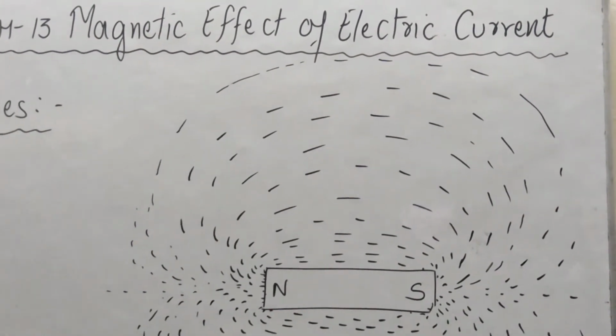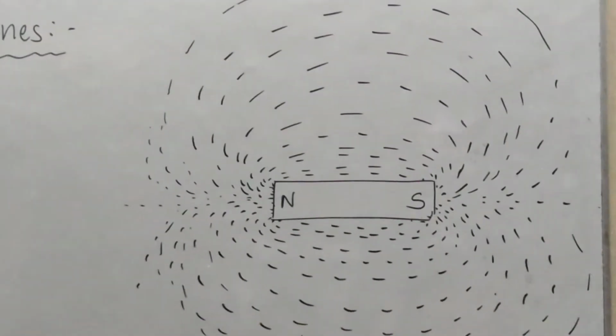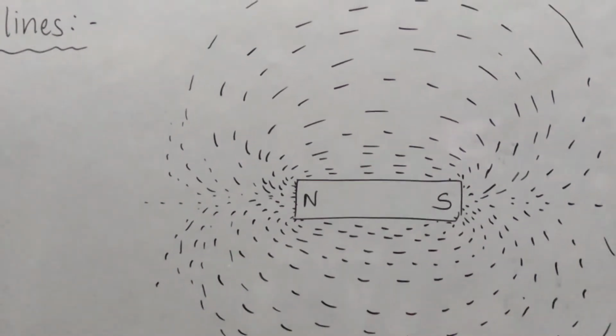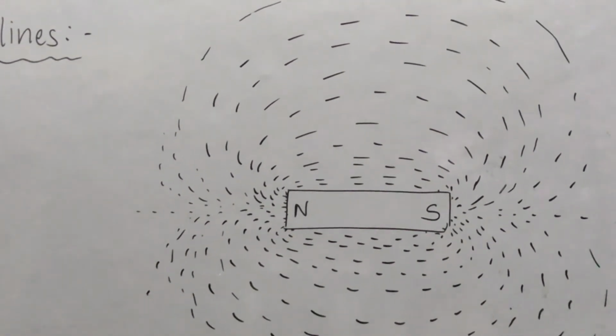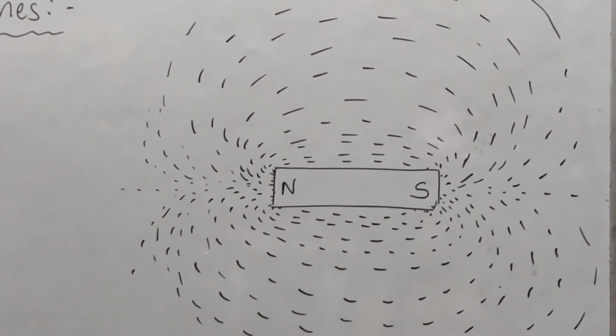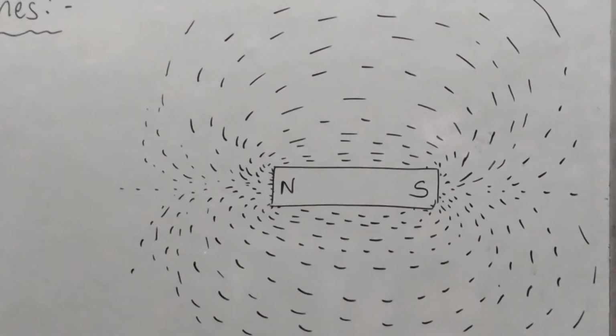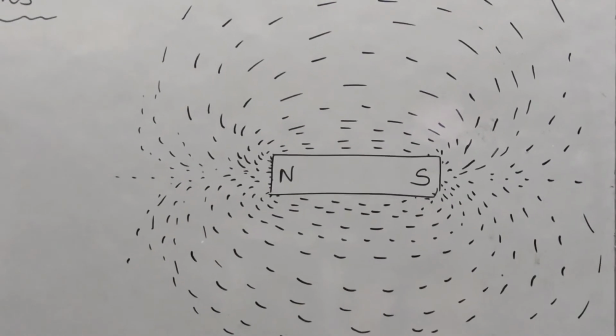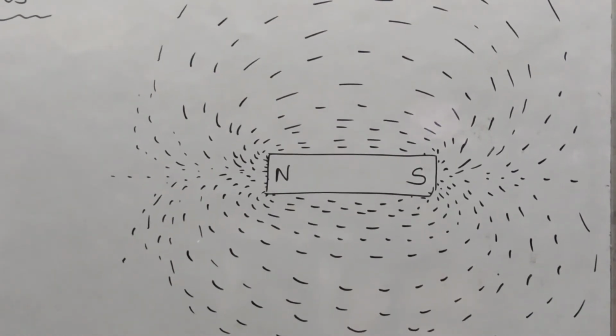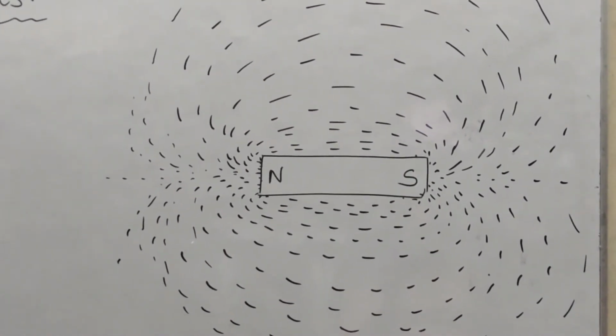Same board can be used here. So on the board, we fix a white sheet of paper, either using adhesive or by using thumb pins. We can place a bar magnet at its center and sprinkle some iron fillings on the page.